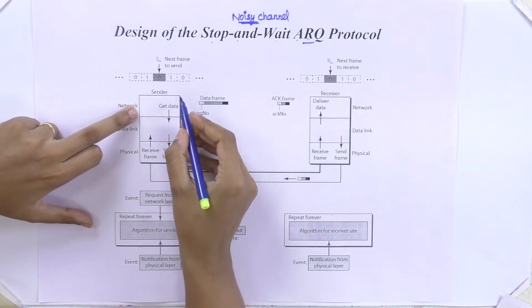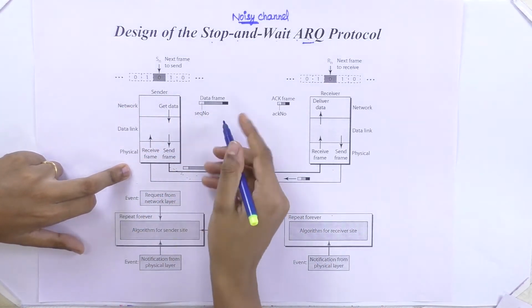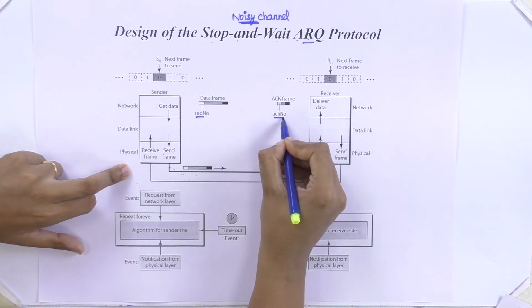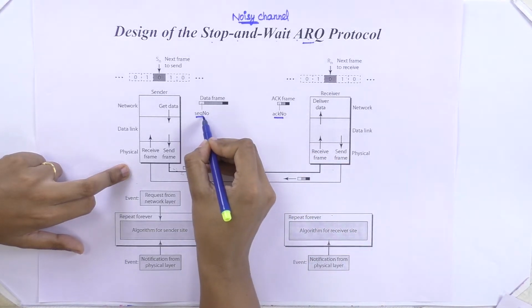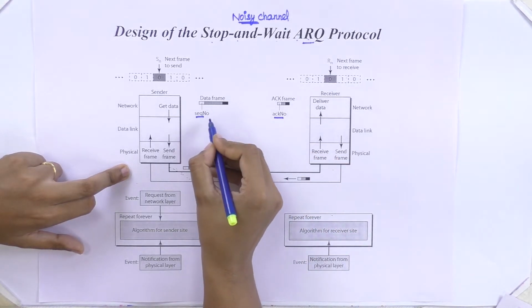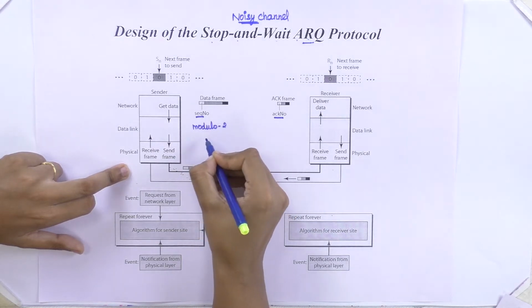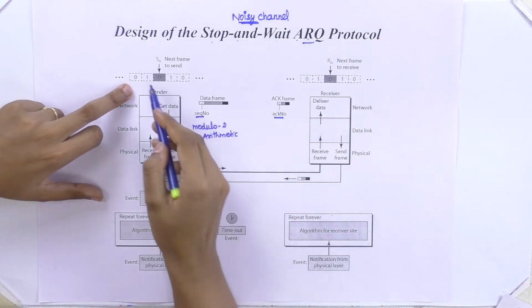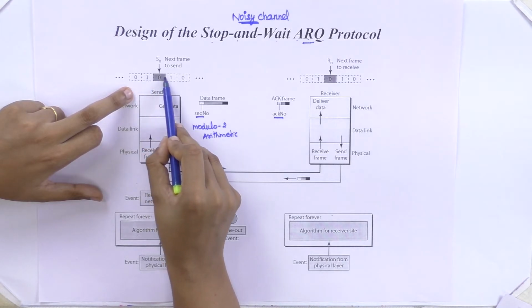If you see here, these are all the same processes. Here I have two terminologies: one is the sequence number and the next is the acknowledgement number. The sequence numbers are in terms of modulo-2 arithmetic, that is, zeros and ones, which differentiate each and every frame.